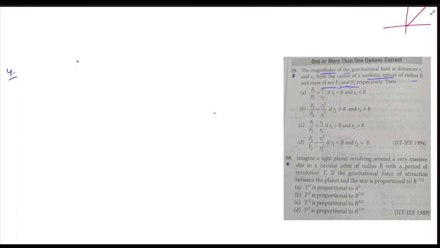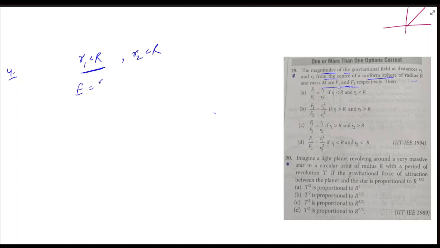If r1 is less than R, the magnitude of the gravitational field from the center of a uniform sphere of radius R and mass M is F1 and F2.